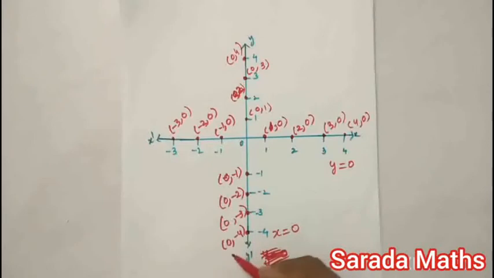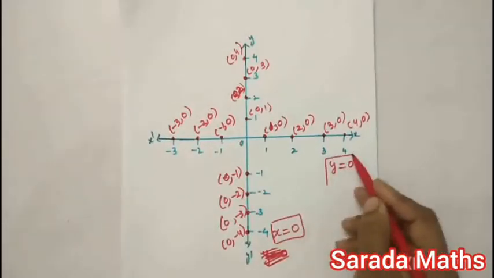On seeing the graph, it is clear that at each and every point the value of x is common, that is, the solution of x is 0. So x is equal to 0. Only the solution of y is changing. So the equation of the y-axis will be x is equal to 0.